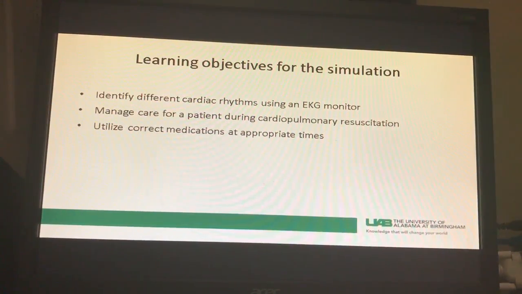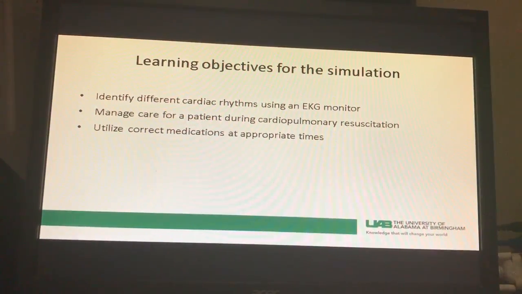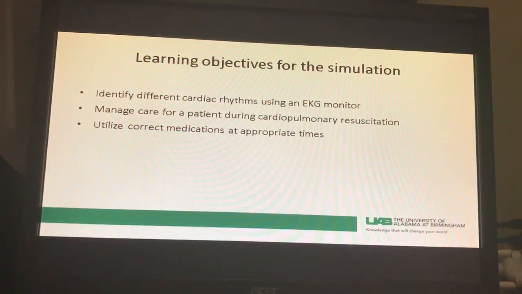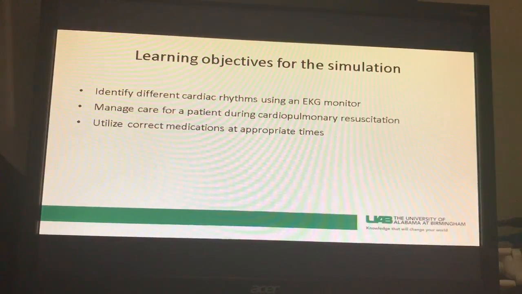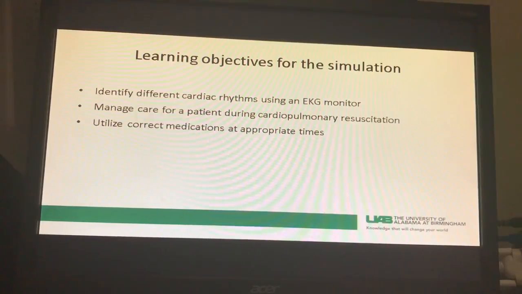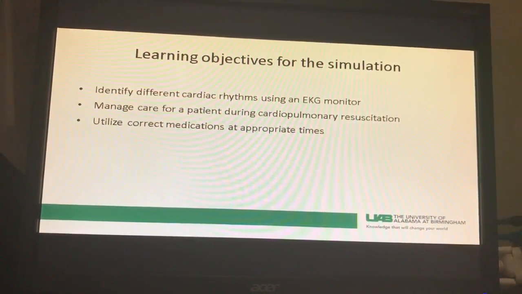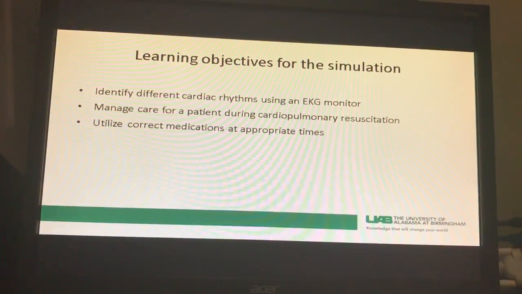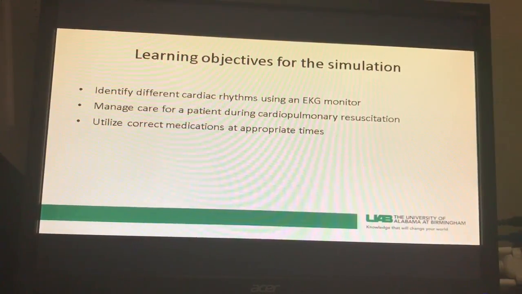Learning objectives for the simulation will be identifying different cardiac rhythms on the monitor. They'll be in the ICU is the setting, so they'll be hooked up to a monitor. Another thing we'll focus on is managing care of the patient during CPR, making sure that all the proper techniques are used, and also utilizing the correct medications at the appropriate times during CPR.